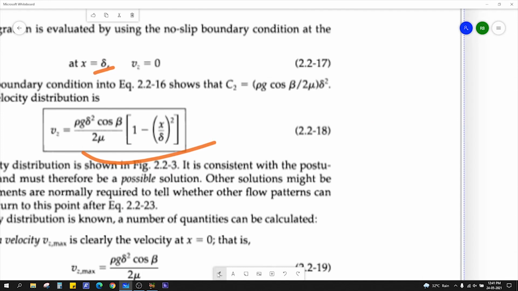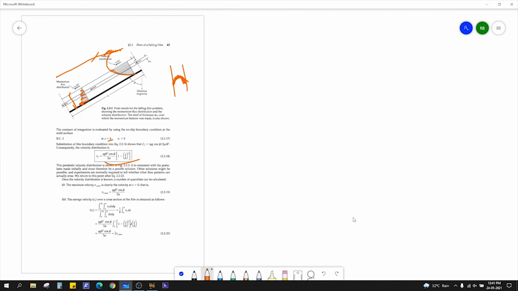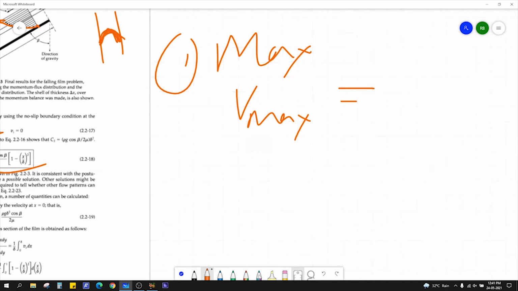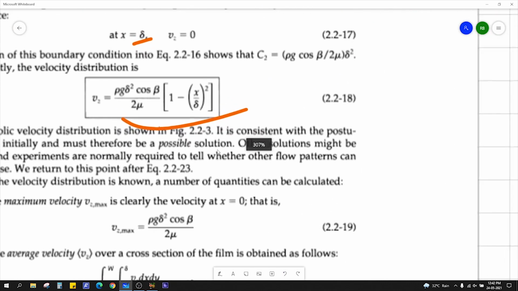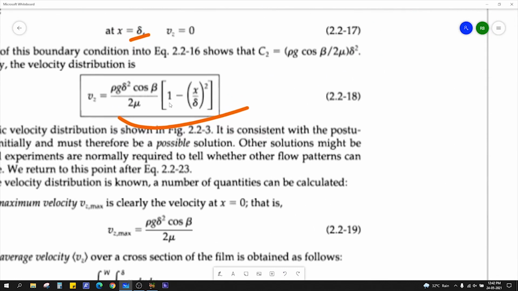Okay, now the next part was to calculate various terms, right? First we will calculate the maximum velocity, V max. You have already obtained the formula for velocity. So you can clearly see, if you put x equal to 0, then you will get V max.